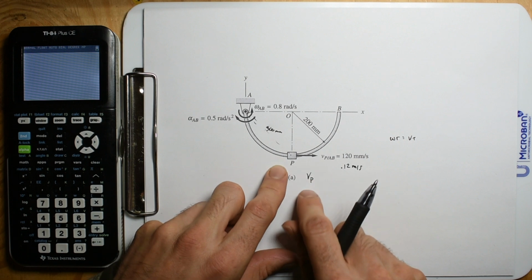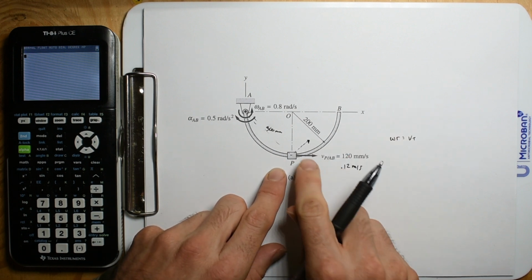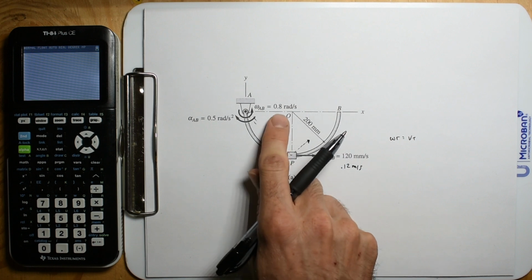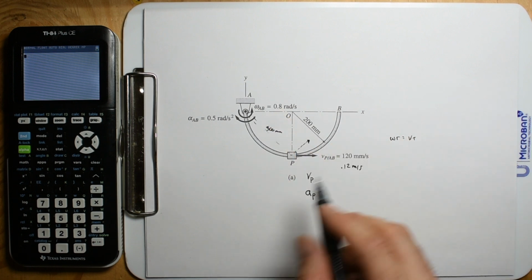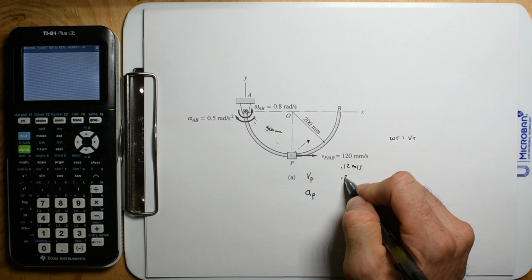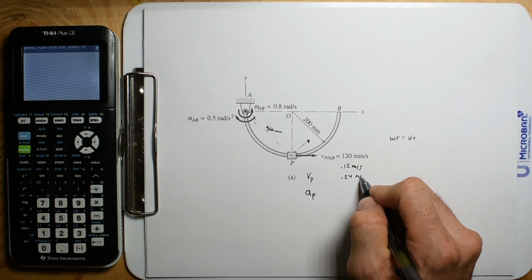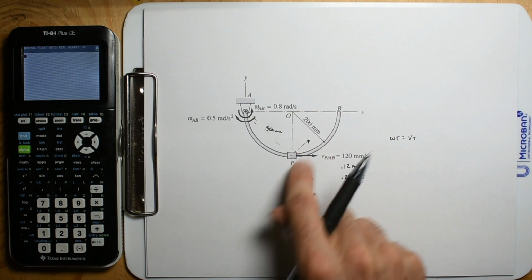So this is going to give us a tangential velocity in the perpendicular direction of 300 times 0.8. That's about 0.3, maybe just a little bit less, maybe 0.24. So we have 0.12 that way, 0.24 that way.